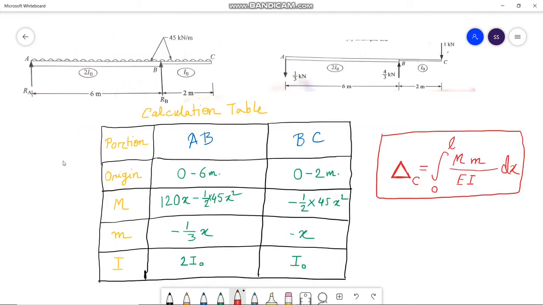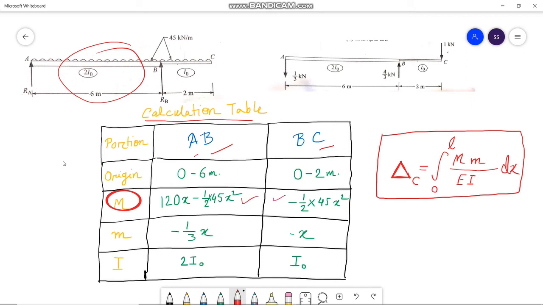So this is the calculation table where we have already determined the expressions of bending moments for various portions of the member. The portions are AB and BC. Capital M deals with the expression of bending moments for the original loading condition, and the expressions are 1 and 2.